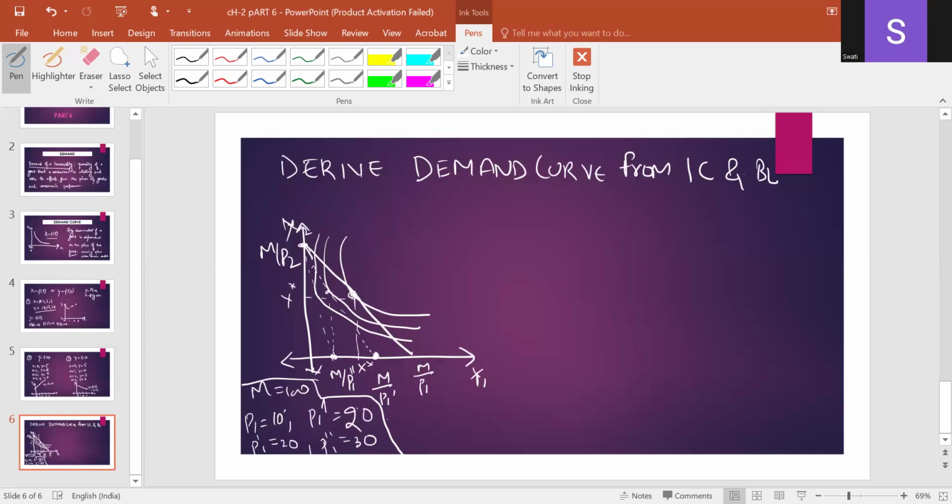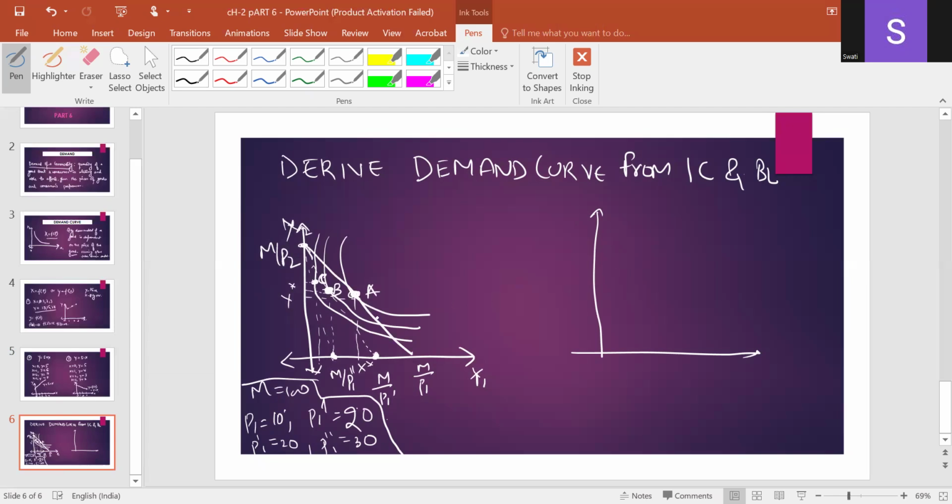Now I will be able to consume only this quantity. Correct? And for this one I would be able to consume even less. Now if I join and track these points, A, B, and C, right?